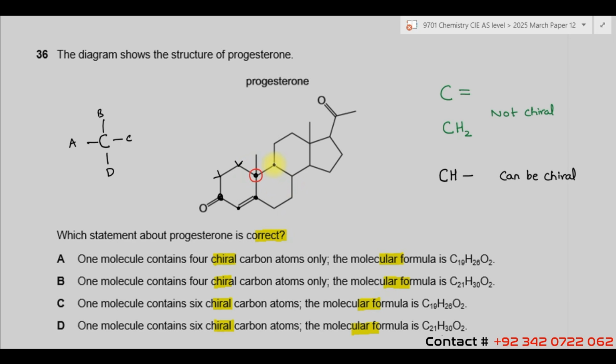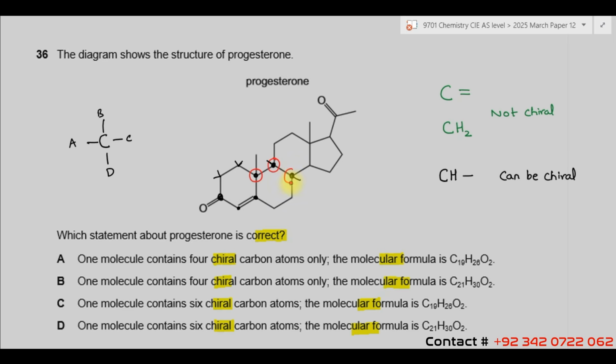Moving further, this carbon is attached to 1 hydrogen atom, and there are 3 other sides which are different from each other. So this is also chiral. This carbon is similar to this one as it is attached to 1 hydrogen, and this side is different from this one and this is different from that one.